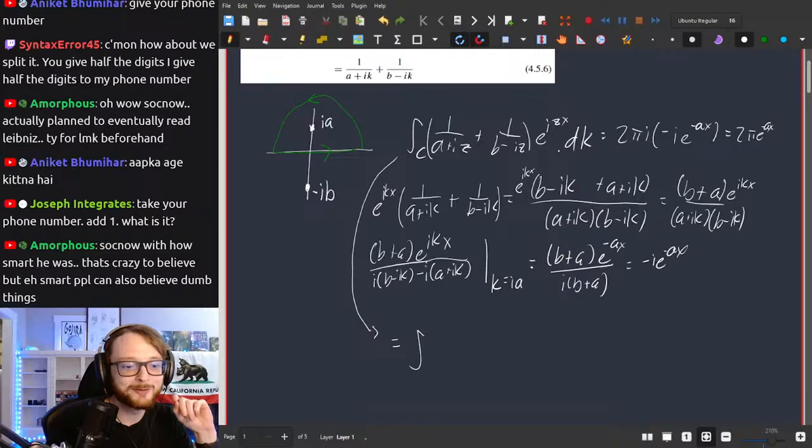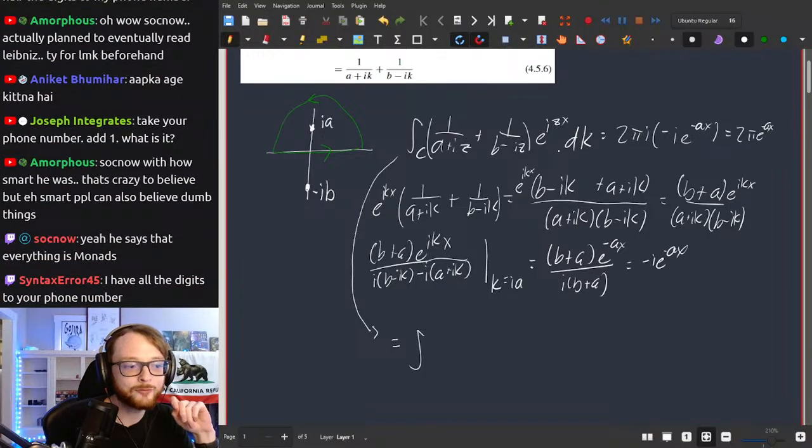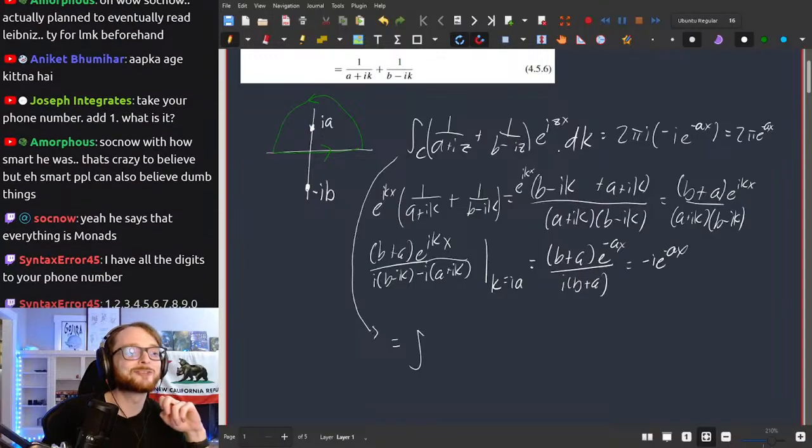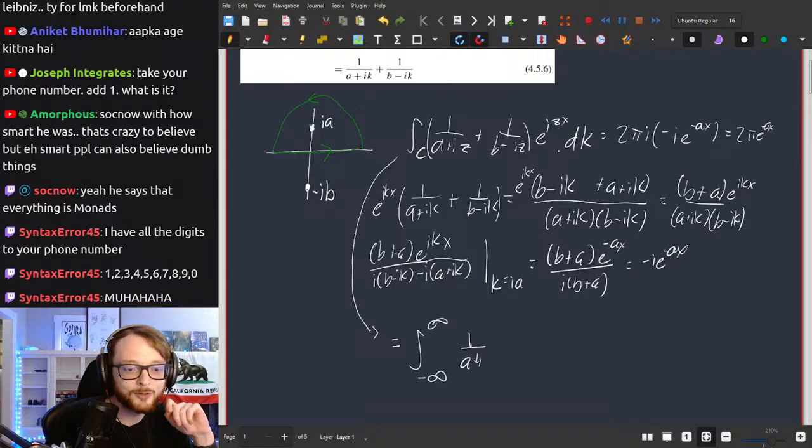You're about to start pulling the RuneScape phishing tricks where it's like, oh, did you know if you type your password backwards, the game will start out? I have all the digits to your phone number. You're on to me. I don't know how smart he was. That's crazy to believe. Oh yeah, mathematicians throughout history have a long tradition of being a little crazy. Some more so than others.